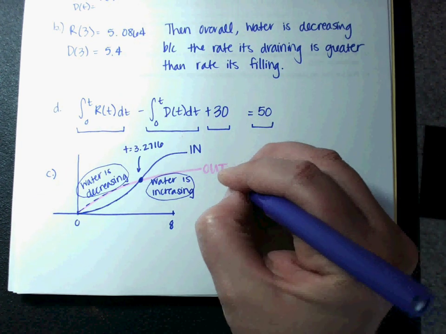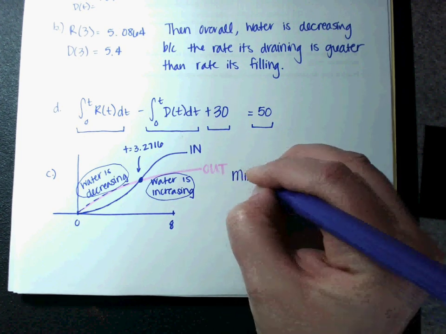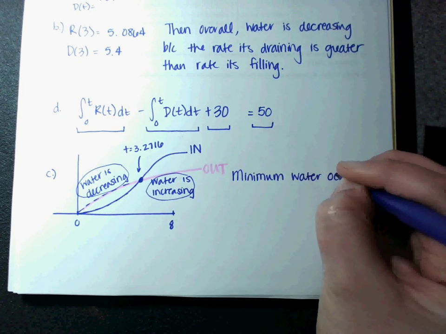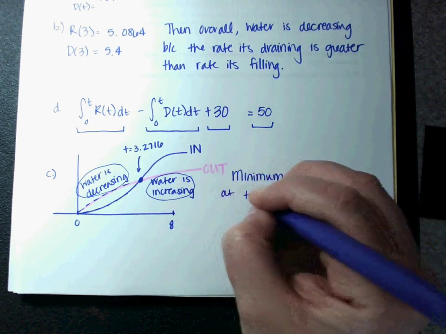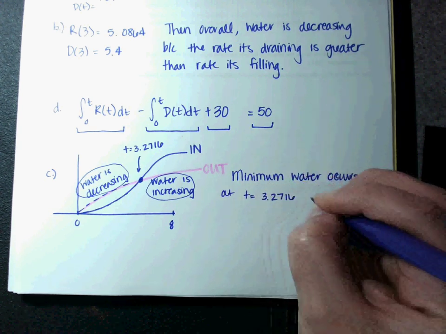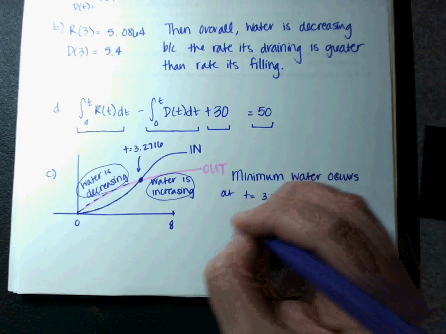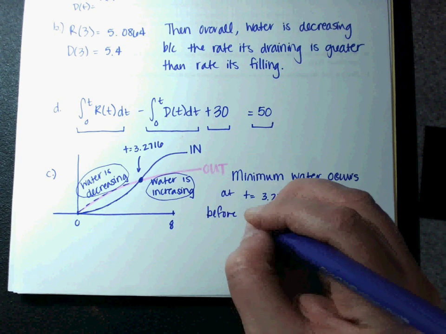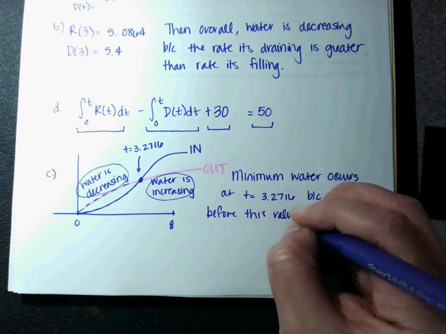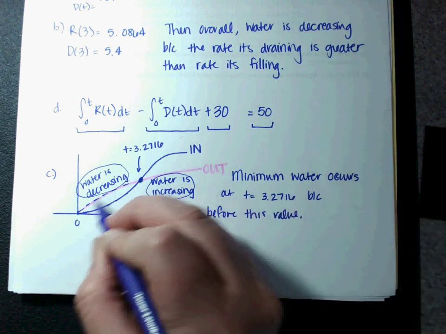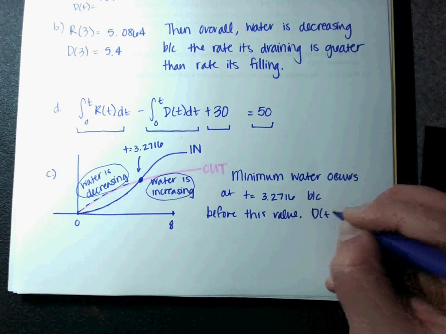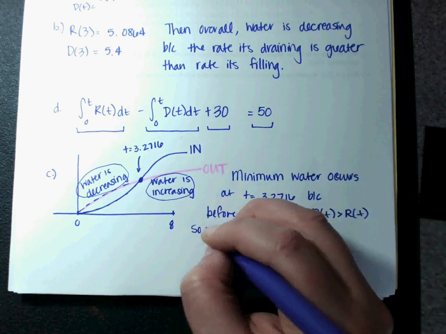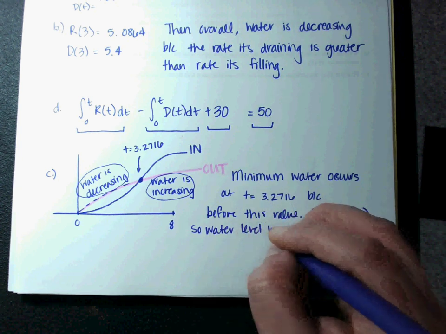So I would write: minimum water occurs, spelled that wrong, at t equals 3.2716 because before this value, the out, which was D of t, is greater than R of t, so the water level was decreasing.